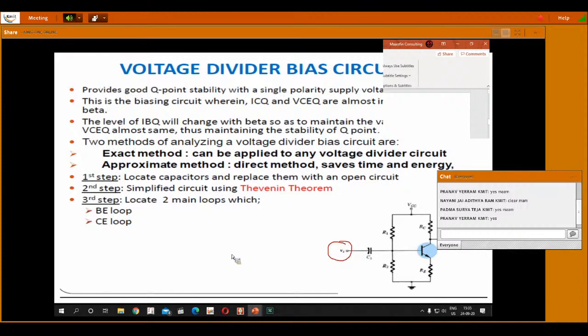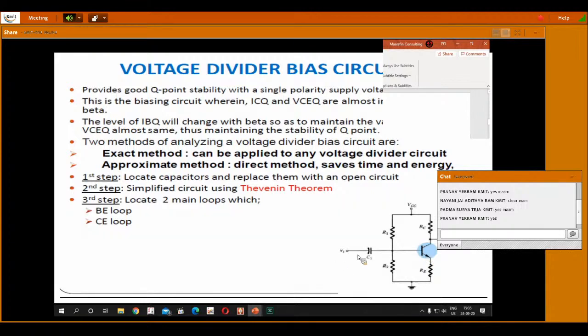But we have to apply the DC analysis, hence we just open circuited them. And the reason we are coupling these capacitors is, for example, if my AC signal has a partial DC, that DC can change the quiescent values of your transistor.